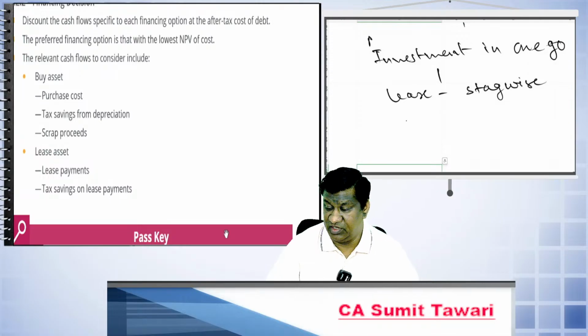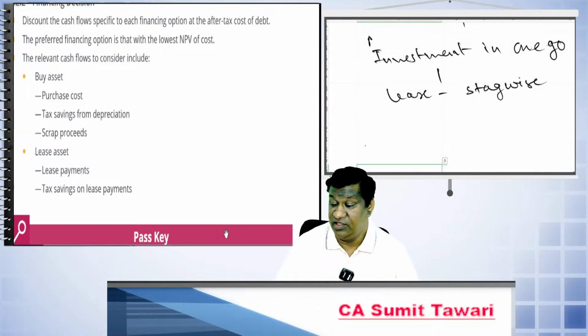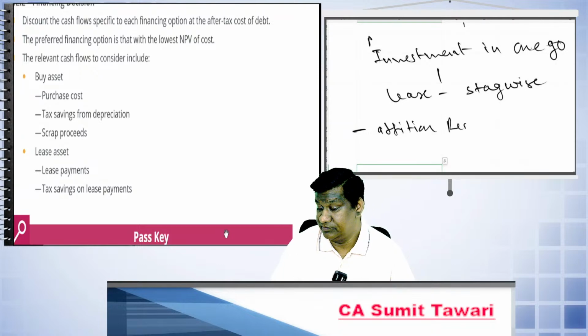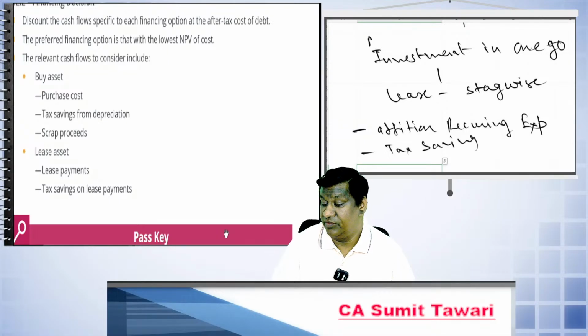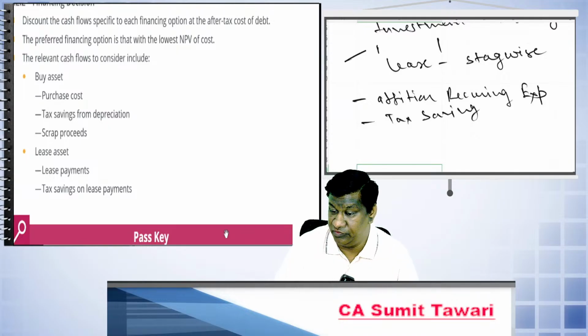So with the lease investment strategy, we are considering the purchase cost, tax saving from the depreciation, and the scrap proceeds. I mean, the way we calculate. In lease there may be no initial investment, but there are additional recurring expenses, and then the tax saving. When we are doing an investment, we calculate the discounted cash outflow.